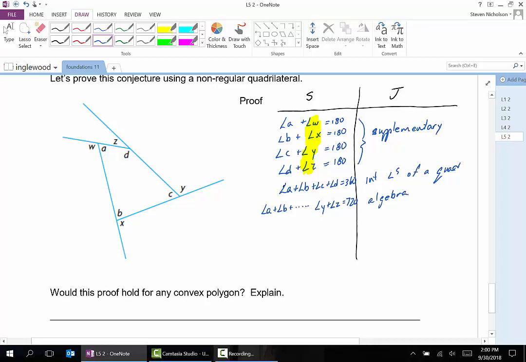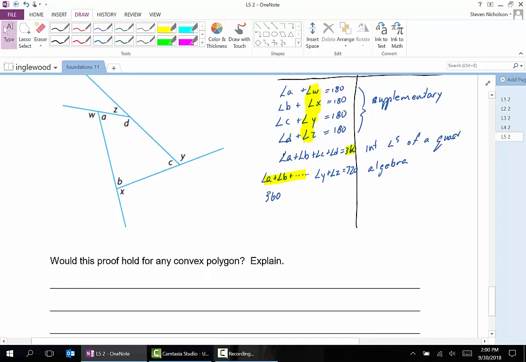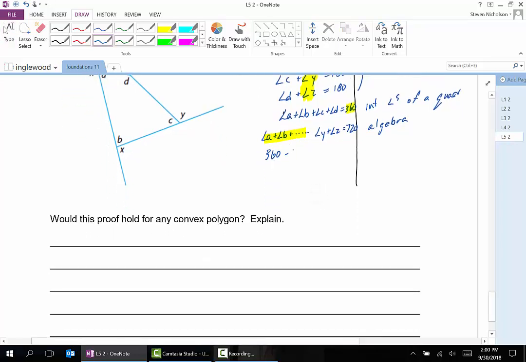Now here's what I'm simply going to do. Instead of the first part, ABCD, which is right here, we know that ABCD equals 360. So here's what we know. We know 360 degrees plus angle W plus angle X plus angle Y plus angle Z equals 720, right?